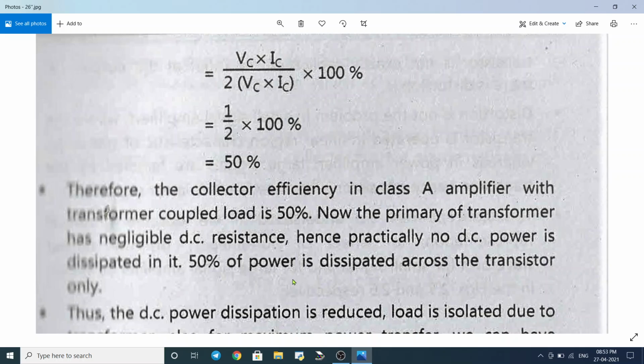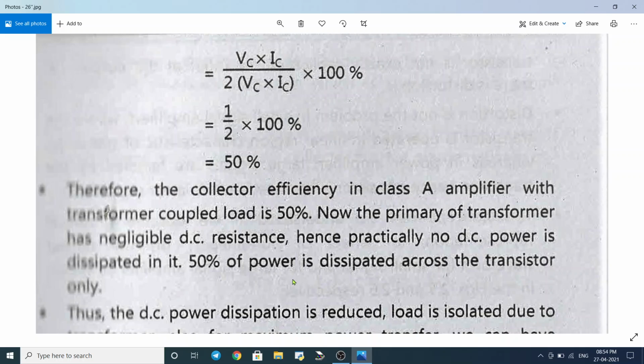And as we have seen, the class A power amplifier with resistive load has efficiency how much? 25%.